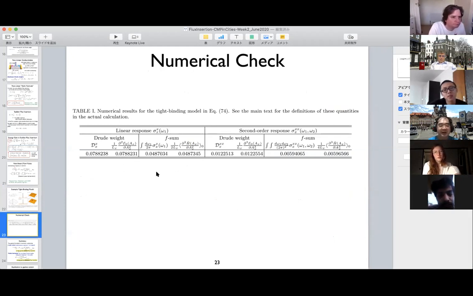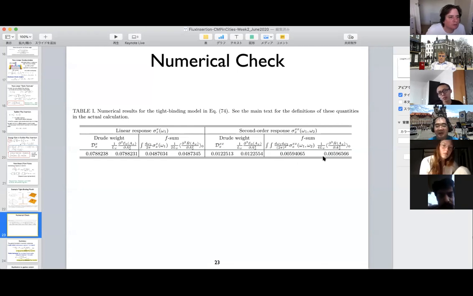Well, this part is not so new, but they agree up to 3 digits or something. And now we can also compare second order response, the numerically obtained value versus the nonlinear generalization of the Kohn formula, and numerical frequency integral versus the nonlinear generalization of the f-sum rule.